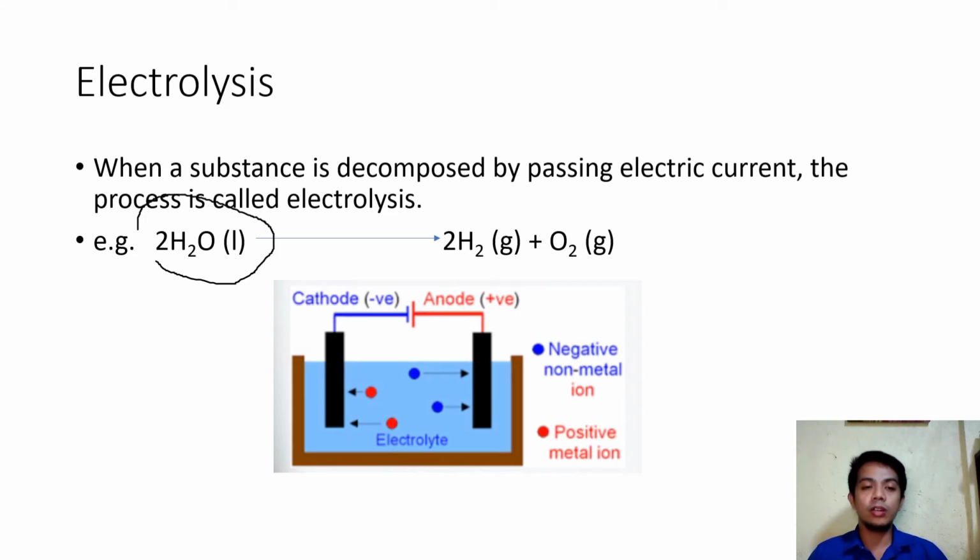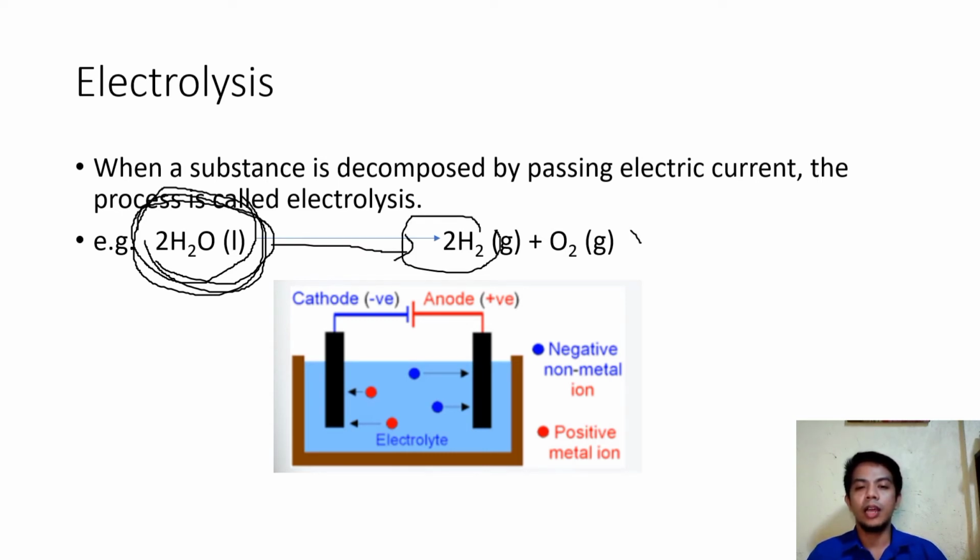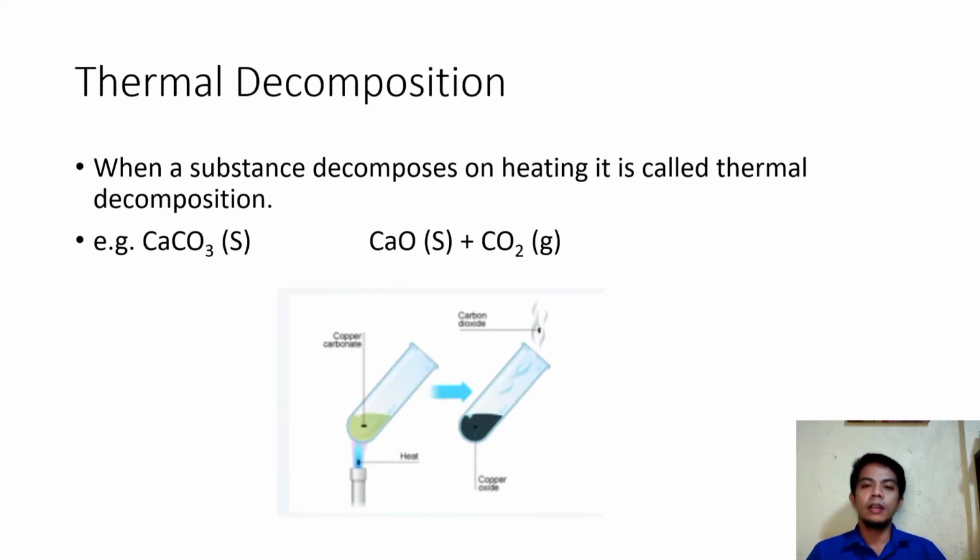So in this equation, the reactant here is water. So water will break down to produce hydrogen and oxygen. The other kind is thermal decomposition.